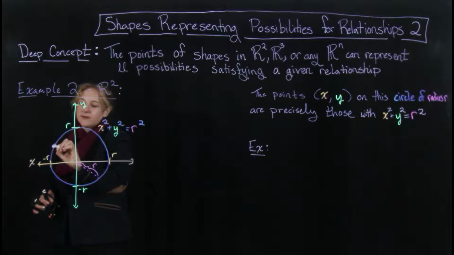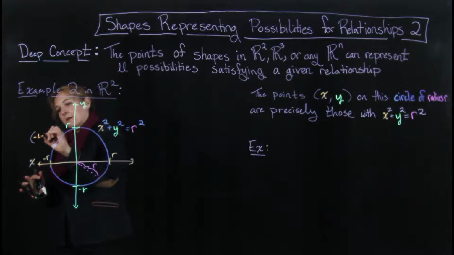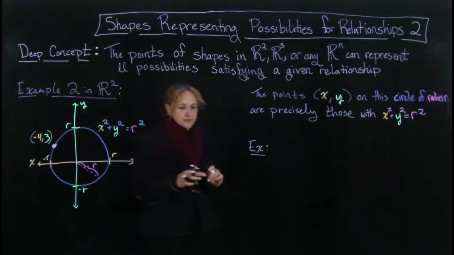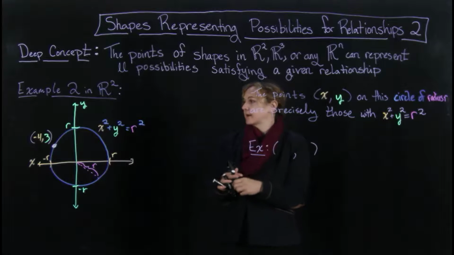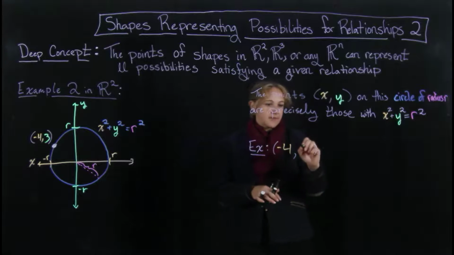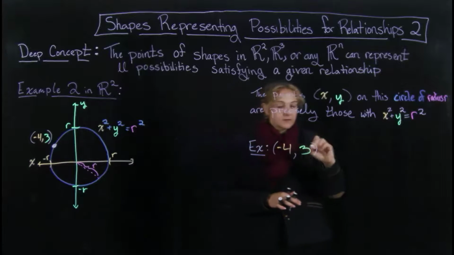So somewhere around here, I have a point minus 4, 3. It's okay that one of them is minus, because it ends up squaring, so you still get that radius, because squaring makes things positive. So minus 4, 3 lies on the circle.